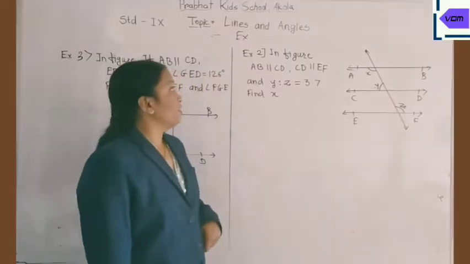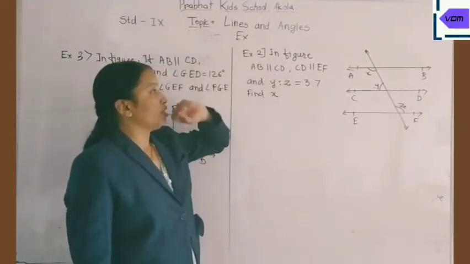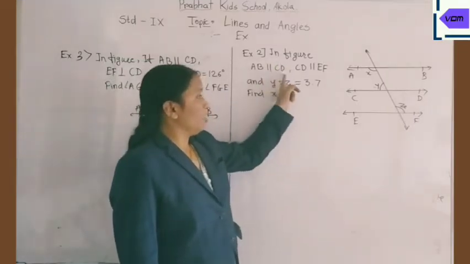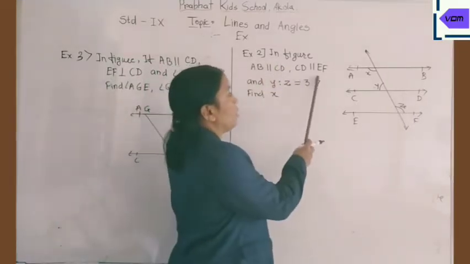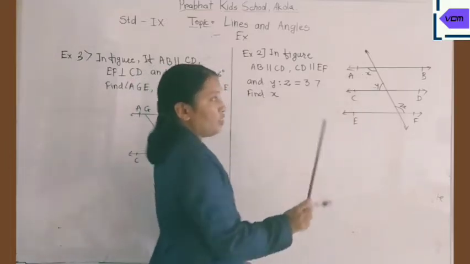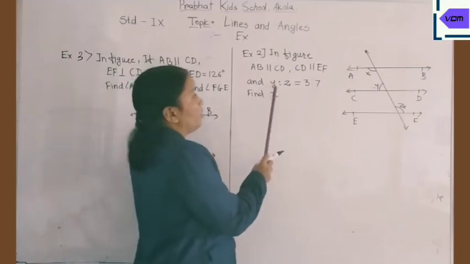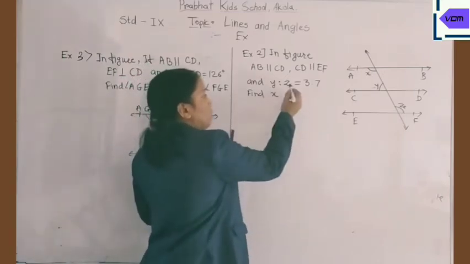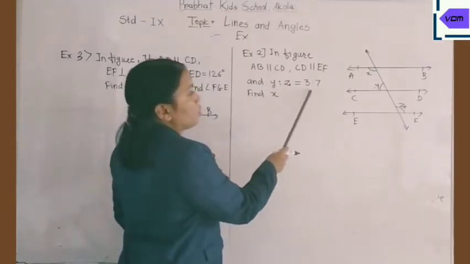Let us start with the second example of exercise 6.2. In the figure, AB is parallel to CD, CD is parallel to EF, and the ratio Y to Z, that is given in the diagram, is 3:7.